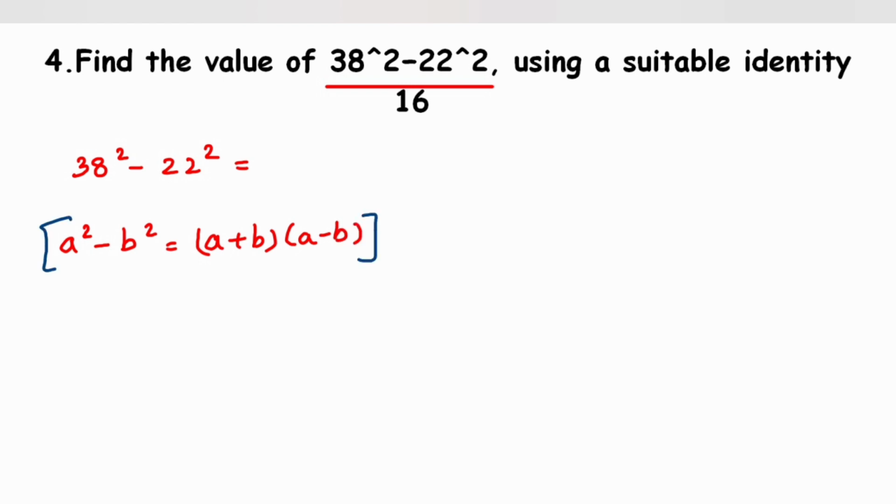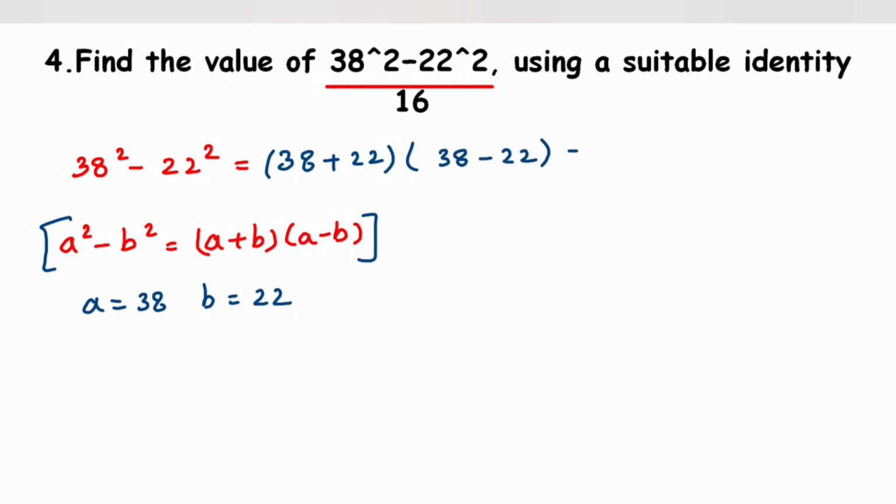So this is equal to 38 plus 22. Remember, a value is 38 and b value is 22, so 38 plus 22 multiplied by 38 minus 22. Now we'll add up 38 and 22, so 38 plus 22 will be equal to 60. So 60 multiplied by 38 minus 22, which is 16.